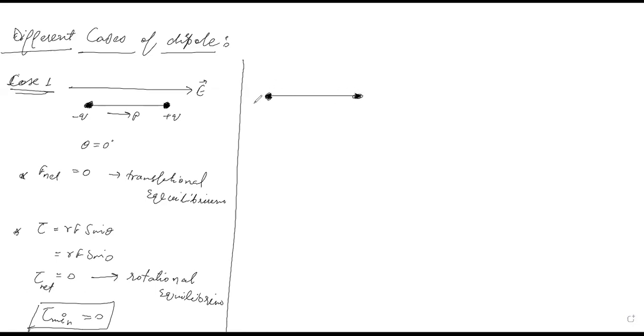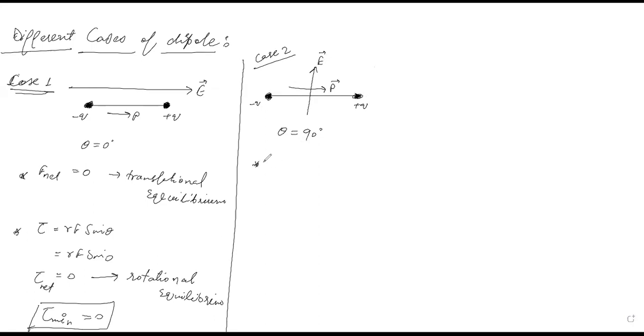This is the dipole of minus q and plus q charge, and your field is acting perpendicular to the dipole. The dipole is in this direction, and this is your field direction. Then, can you tell me what will be the angle between the dipole and the field? It is theta is equal to 90 degree.